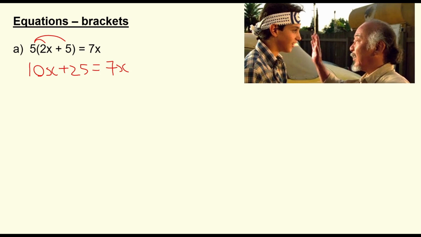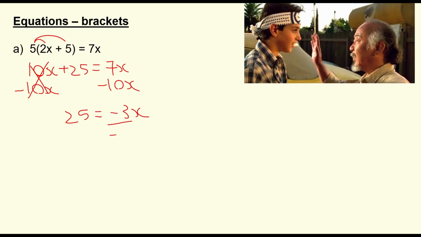We've got an x on its own on that side. We've never had that before, but it doesn't really change what you've got to do here. You've got to make sure you've got a number on one side and an x on the other side. We can't take away 7x because we'll end up with nothing. So we minus 10x instead, which obviously cancels out that 10x, and we've now got 25 equals minus 3x.